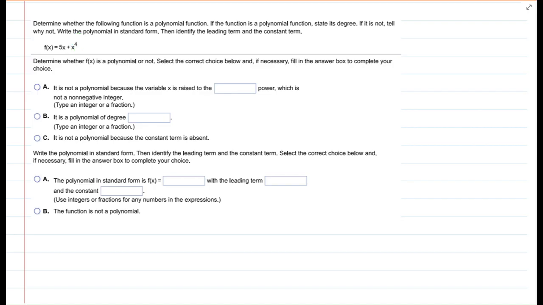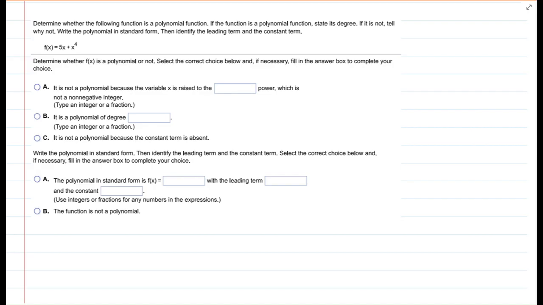If the function has a variable with exponent natural number, then it is a polynomial.